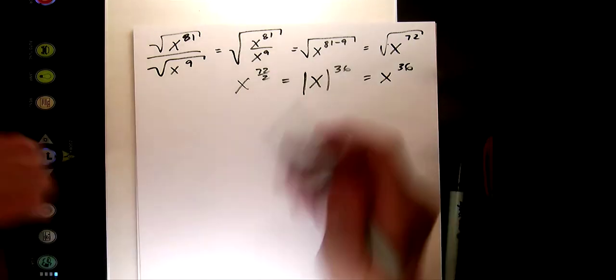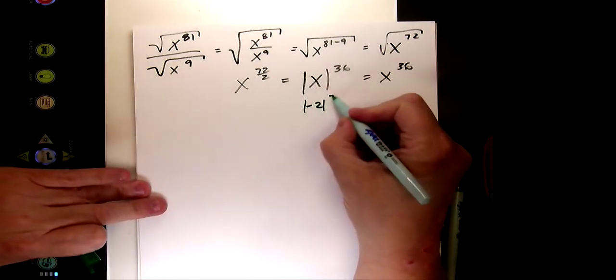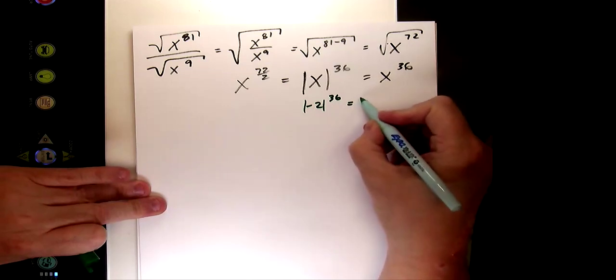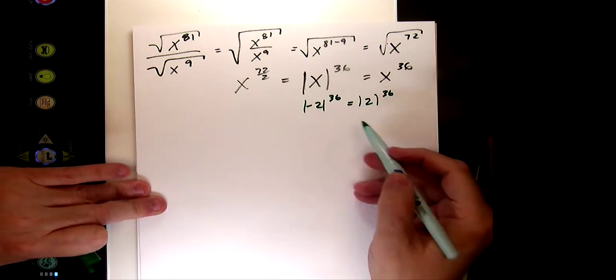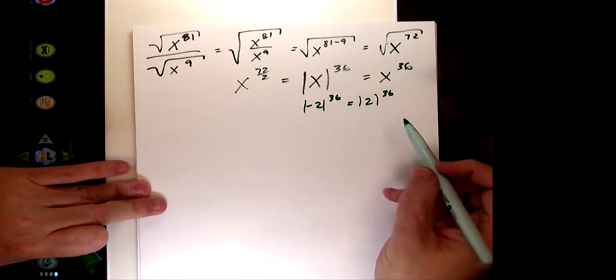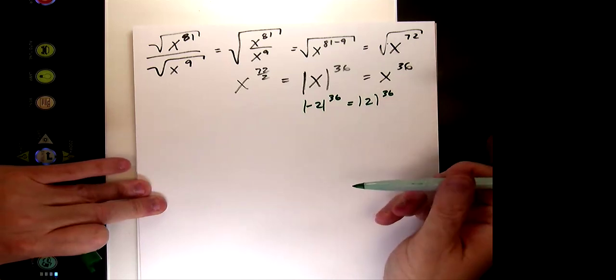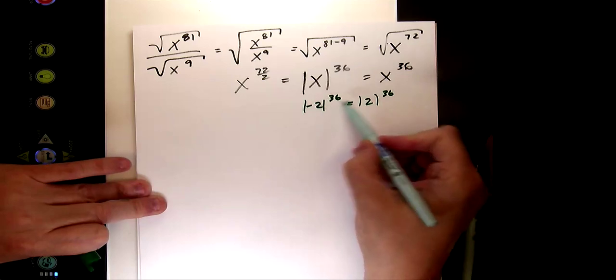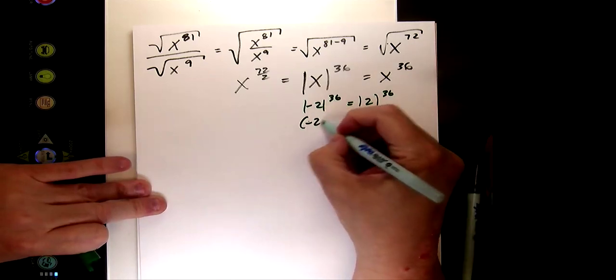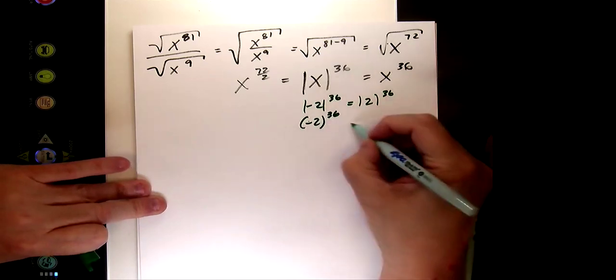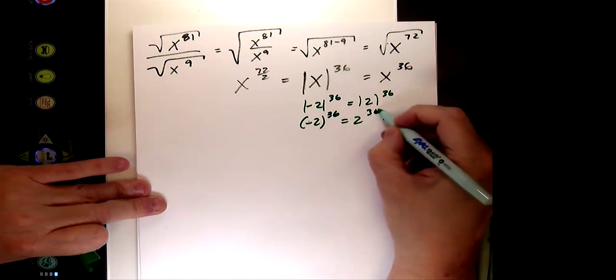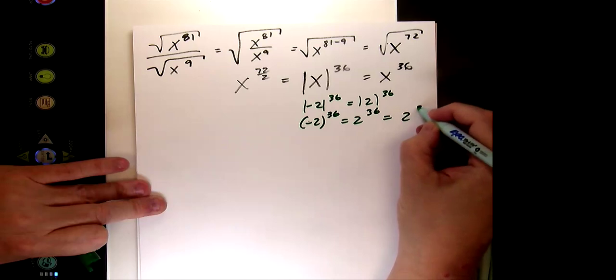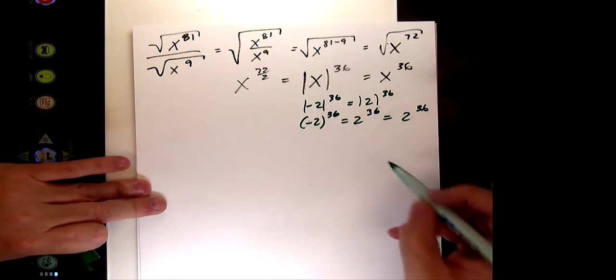What I mean by that is negative 2 to the 36 is the same thing as 2 to the 36 because of the exponent. The absolute value is unessential here. If I just had this, they're still both 2 to the 36. So the absolute value, did you see how it's unessential at this point? Uh-huh.